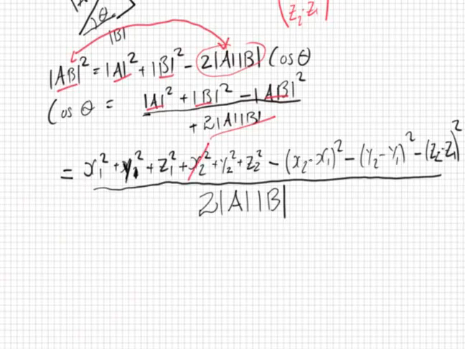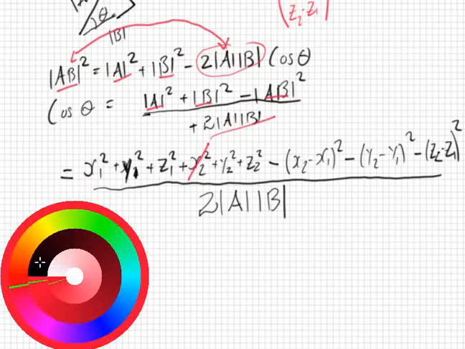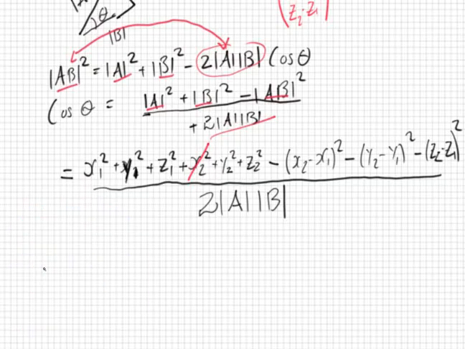And then I'd get a 2 x1 x2. And then at the back, I'd get a plus x1 squared. But I have a minus here, so I'd get a minus x1 squared, which cancels that one there. The same thing will happen for the other two here, and on the top you'll be left with this.